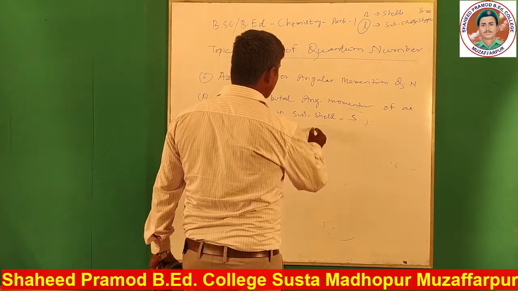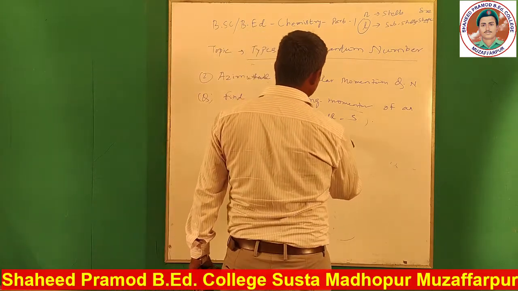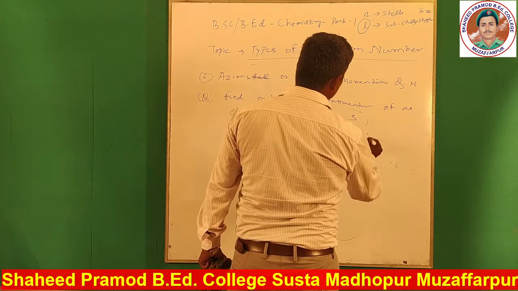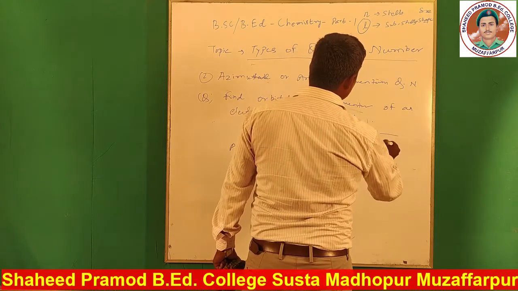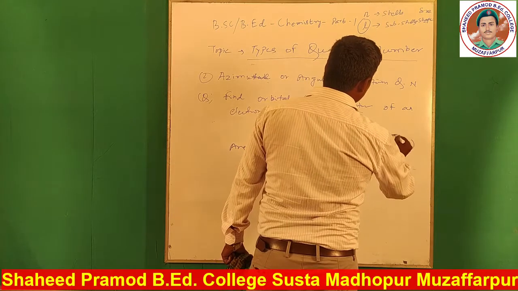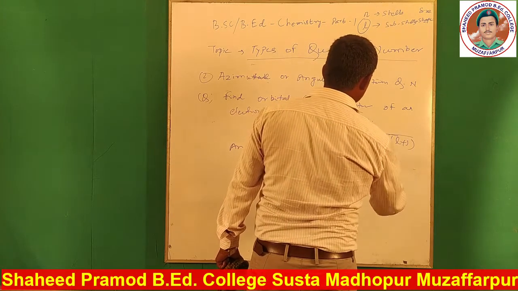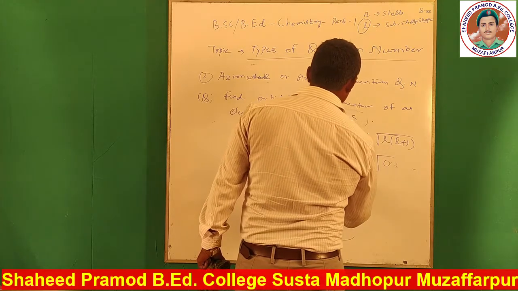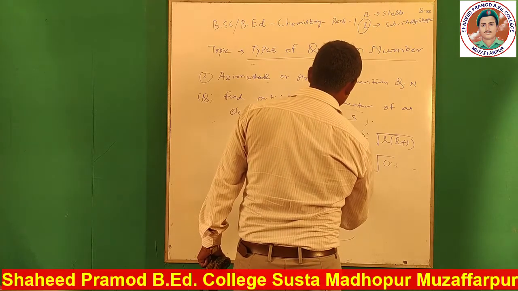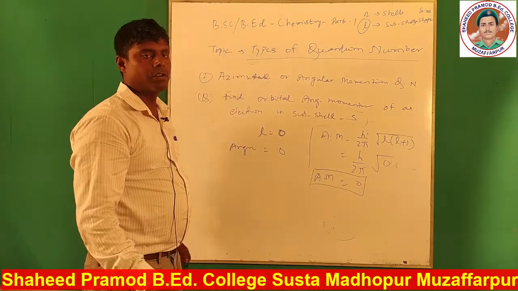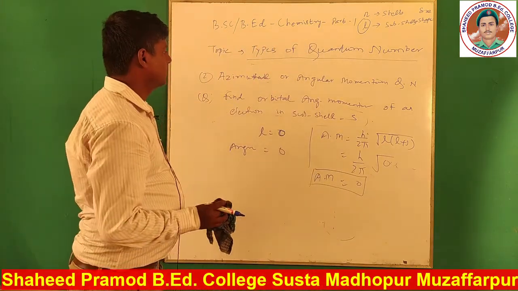How did it come? Because the formula of angular momentum is h upon 2 pi into under root L into L plus 1, and whenever L is 0, this angular momentum will be 0. Likewise you can find the angular momentum of an electron in a particular subshell.